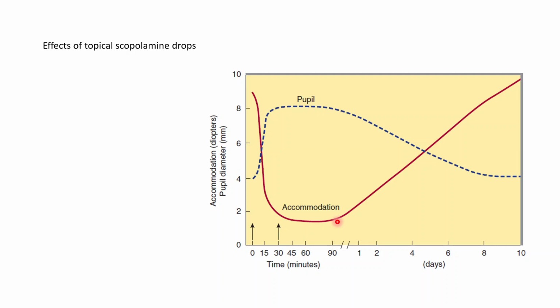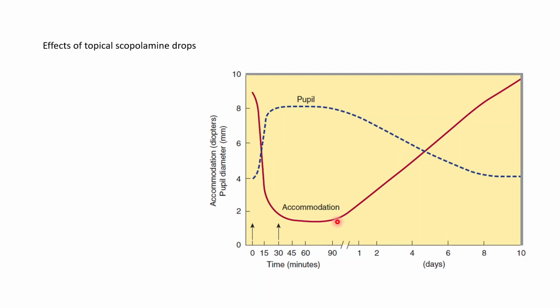And pirenzepine is a more potent analog, and can reduce, as well as telenzepine, the gastric acid secretion with fewer adverse effects than atropine because they are more selective.